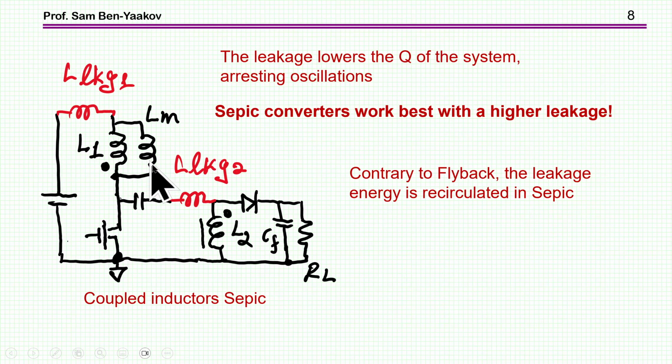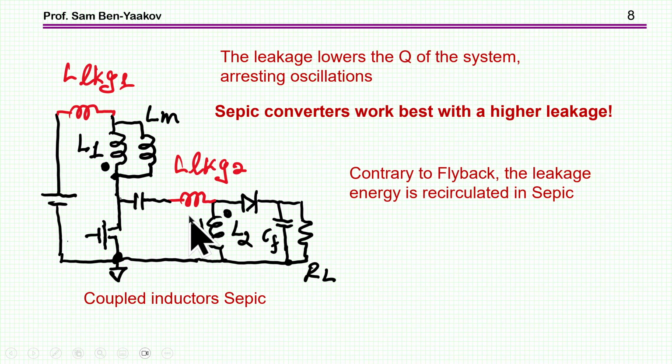Now when we have leakages, then these actually tend to suppress the oscillation because the quality factor now becomes lower, in fact, because the inductances are small, and therefore it's a better operating point. And there is a very important point here, is that contrary to Flyback, the leakage energy is recycled in the Sepic.